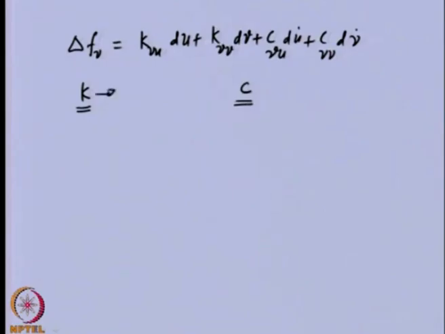So, this is nothing but the stiffness, which is defined as the change in the force with respect to the displacement, and this is the damping coefficient, which is defined as the change in the force due to the velocity. These are stiffness coefficients and damping coefficients.